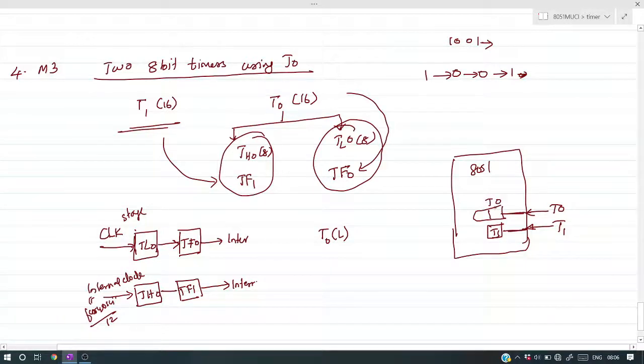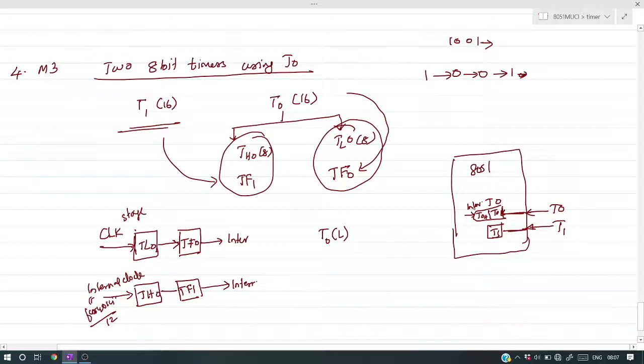But in this mode, with TL0 and TH0, this external clock goes to TL0 only. TH0 is connected only with the internal clock.